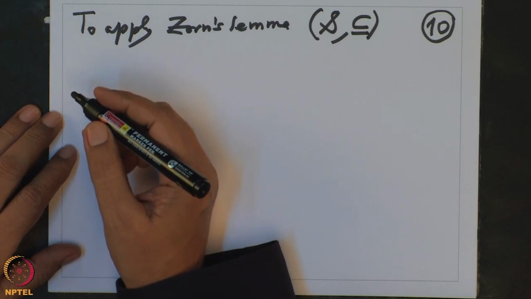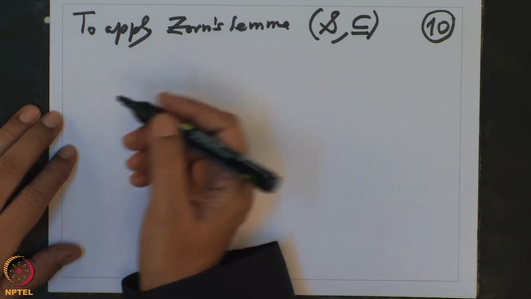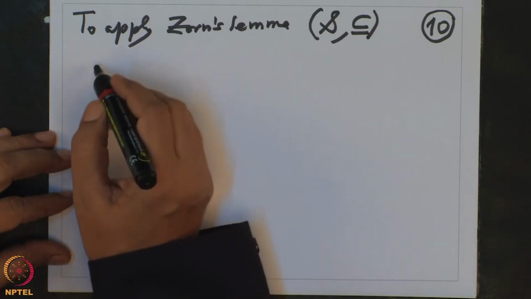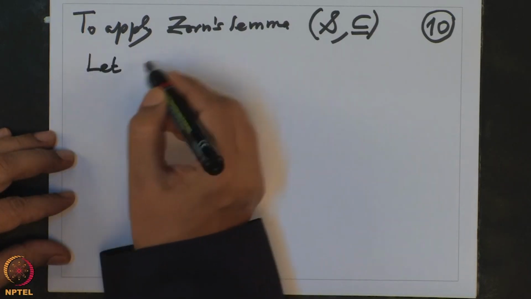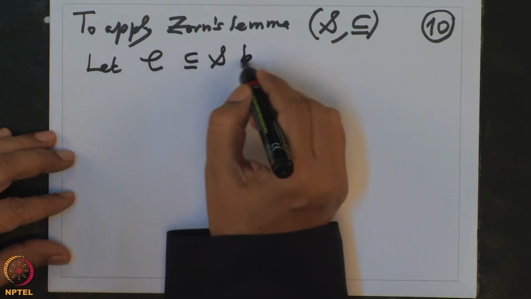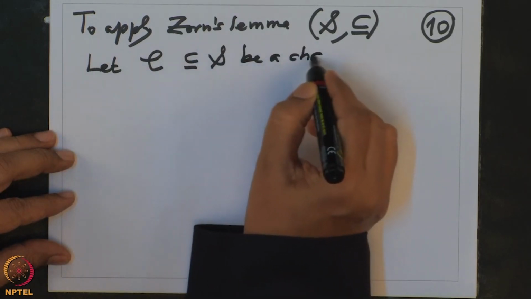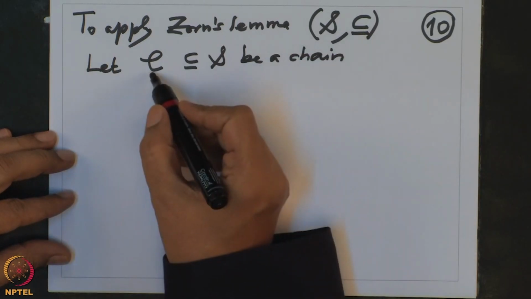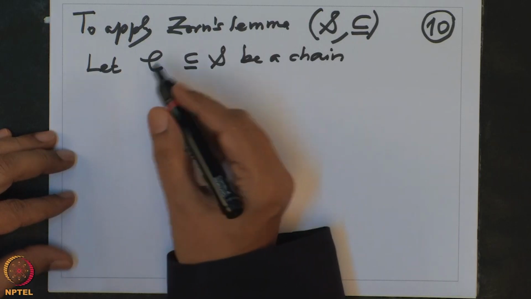That means I should check that given a chain in this, it has an upper bound. So, let C contained in S be a chain. Chain means totally ordered subsets of this ordered set. That means any two elements of C are comparable.